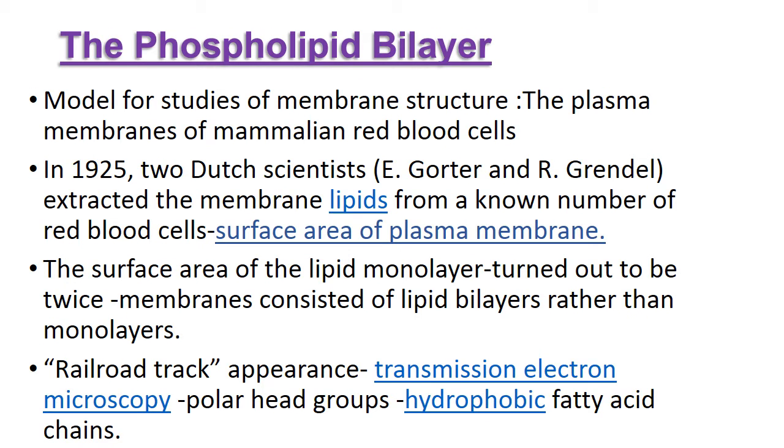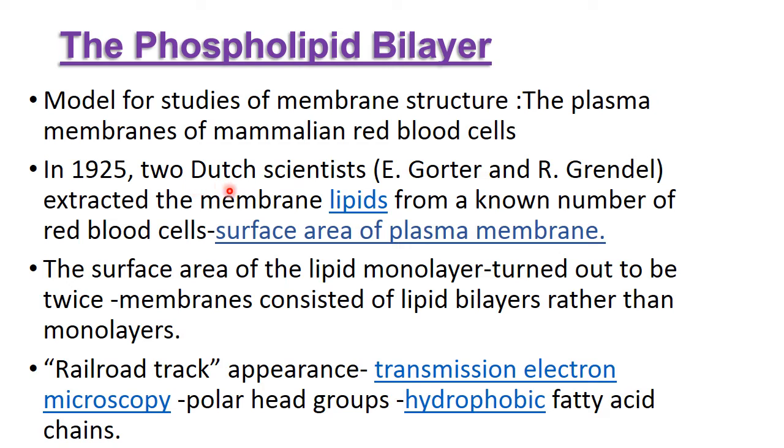If you want to study the plasma membrane structure of the phospholipid bilayer, first we extract mammalian red blood cells, because mammalian red blood cells do not contain a nucleus or internal structures. So we can easily separate a pure plasma membrane for our studies.